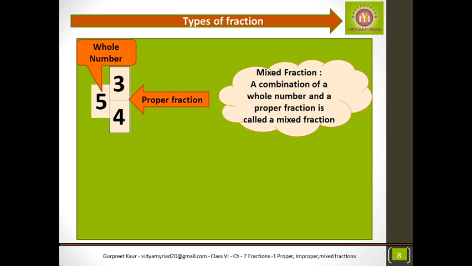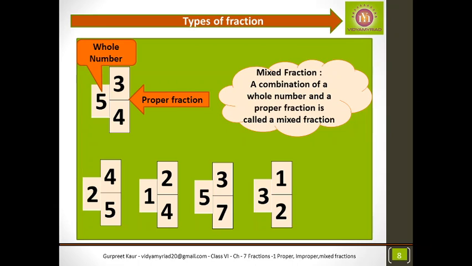So if I ask you what is a mixed fraction, it is a combination of a whole number and a proper fraction. Now you can see so many examples I have written: 2 4 by 5, 1 2 by 4, 5 3 by 7 and 3 1 by 2. All these are types of mixed fractions.